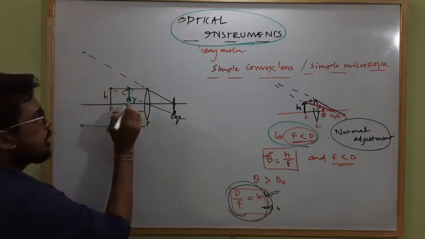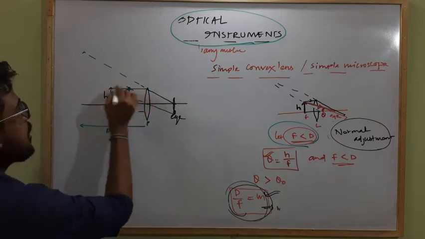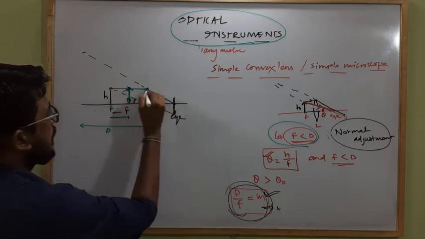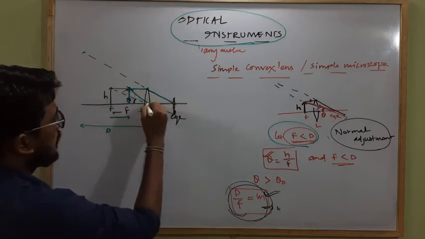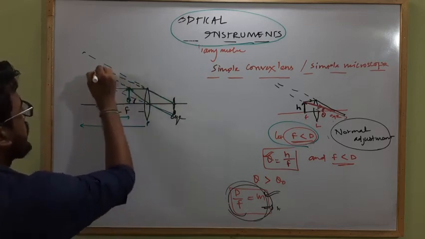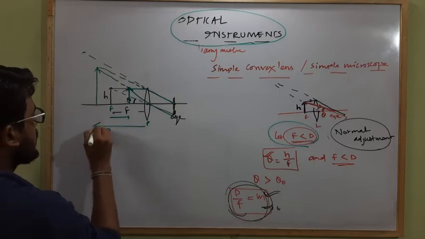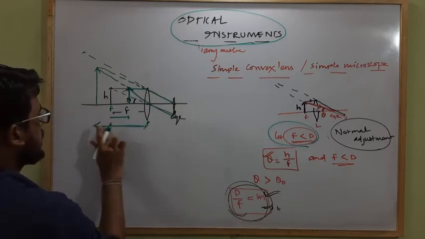So there will be a particular position of the object for which its image will be able to form where? Like this. Its image will be able to form at the least distance of distinct vision. Let this be the least distance of distinct vision D.